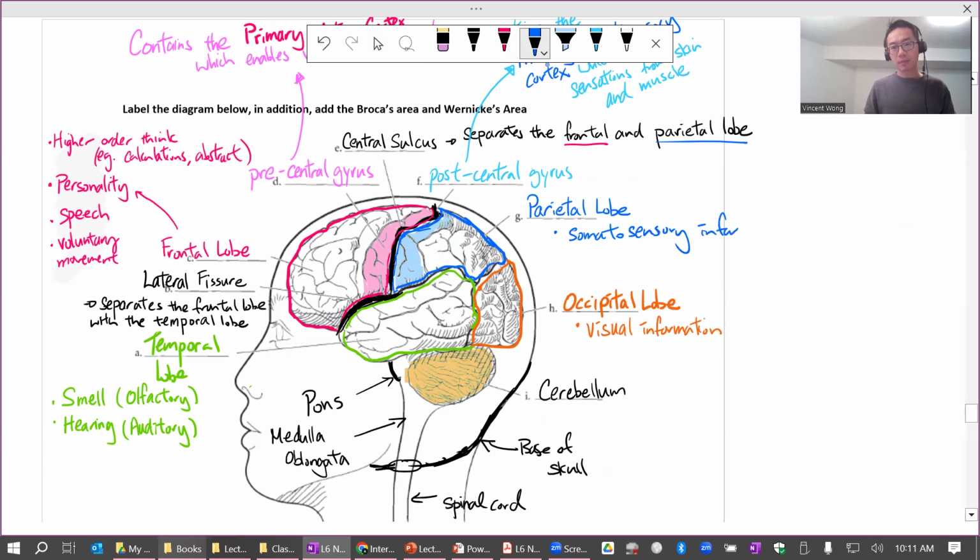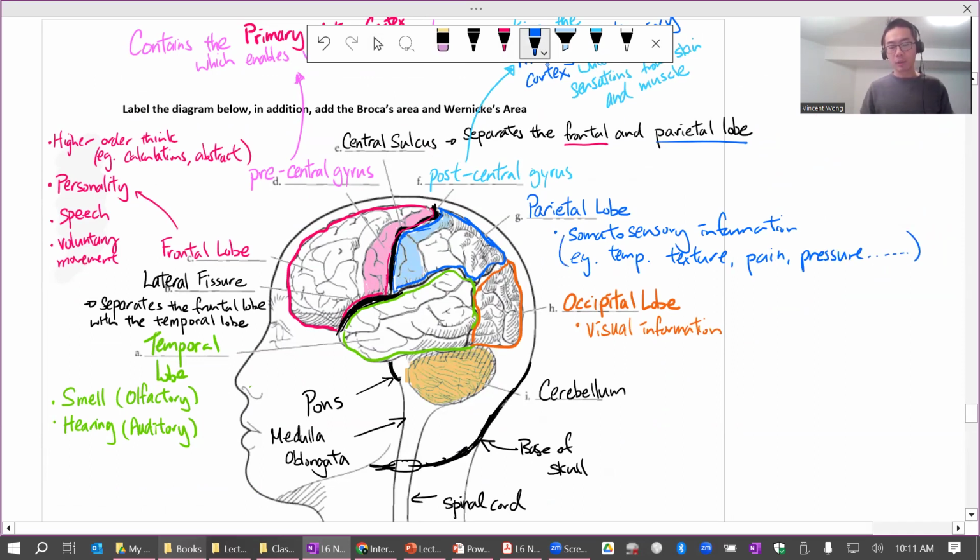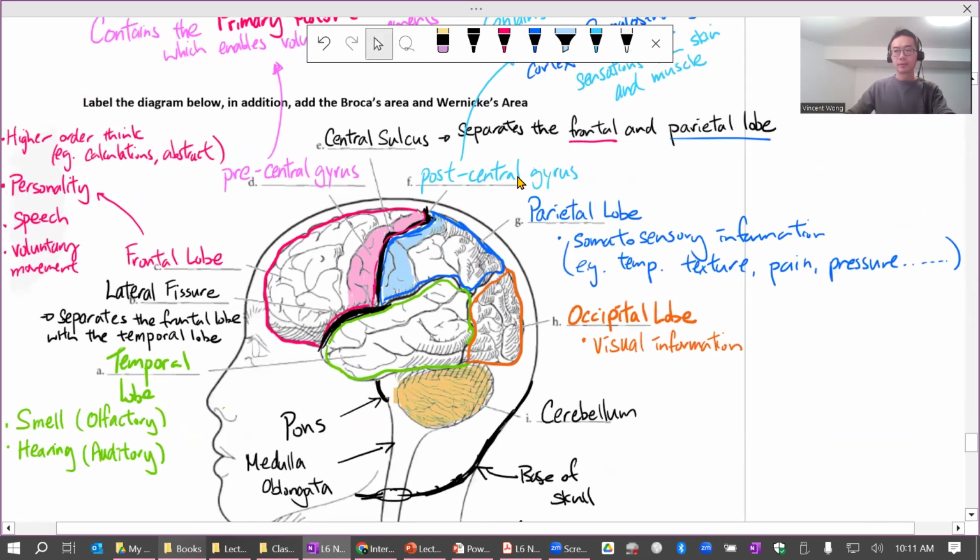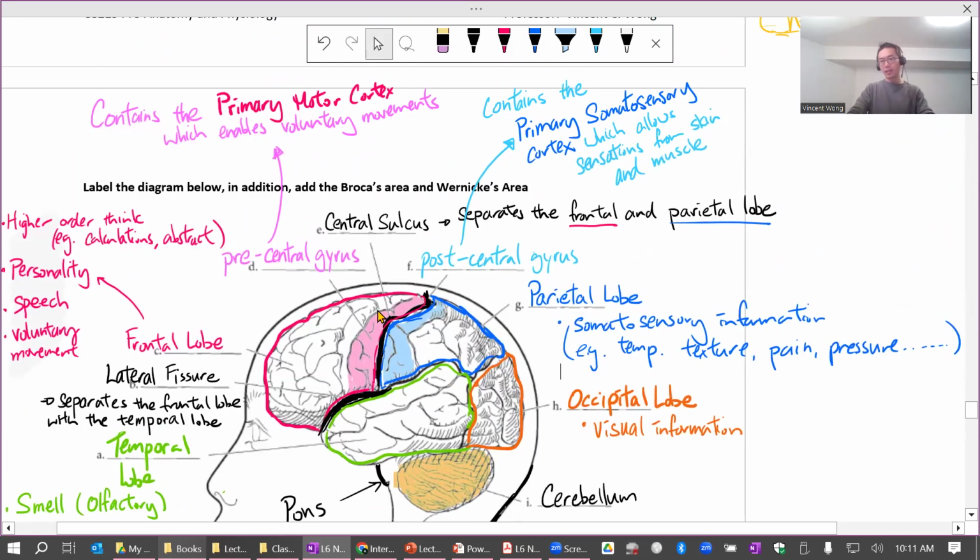And I have been repeating this quite a bit: temperature, texture, pain, pressure, everything you can feel with your hand, with your skin, with your muscle. And we're not quite done with this diagram yet. We're gonna add two more things later on. It doesn't make sense to add them now. I have to show you the slides first.